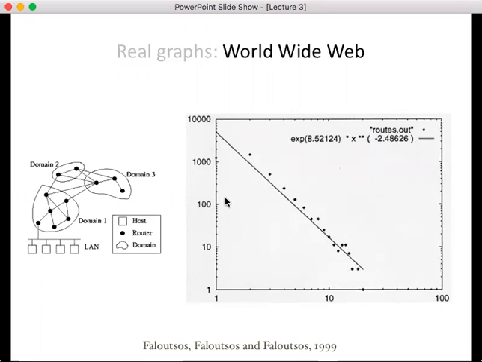This is a log-log plot with the degree and the number of servers with that degree, and you see that it's a power law, because this is a line on this log-log plot. This was very surprising at the time, again, because people thought that they could model such graphs with random graphs. And this already tells you it doesn't work, because the probability distribution of the degree is a power law instead of being a Gaussian.